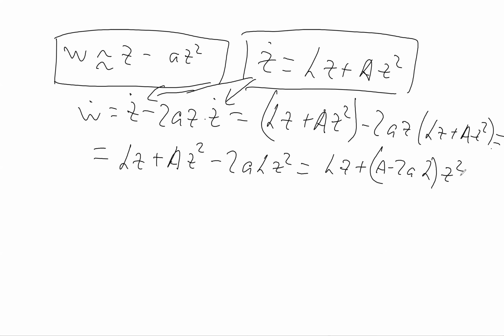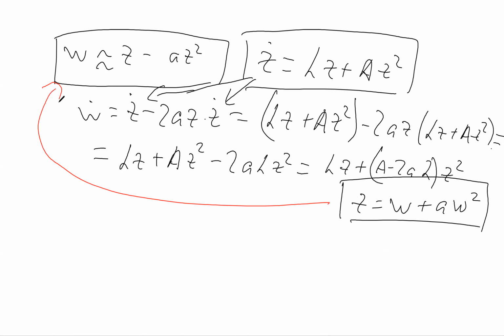Now we can put it back. You remember z was equal to w plus aw squared. We started with this, as you remember, and this was the conclusion of this.